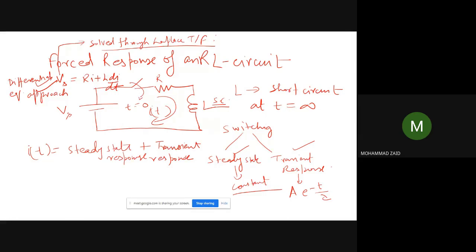And what does Laplace transformation do? It converts your time domain into the frequency domain. Going from time domain to frequency domain is known as Laplace transformation, and from frequency domain to time domain, it is known as inverse Laplace transformation.